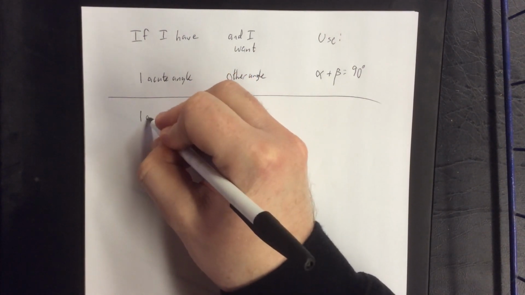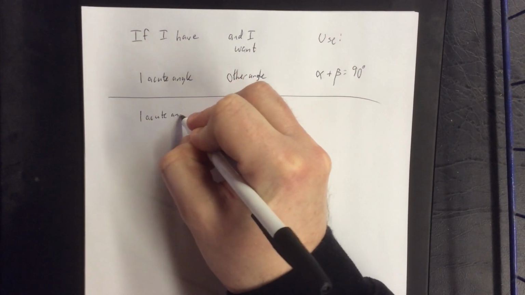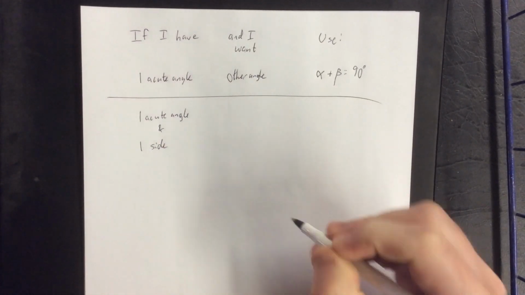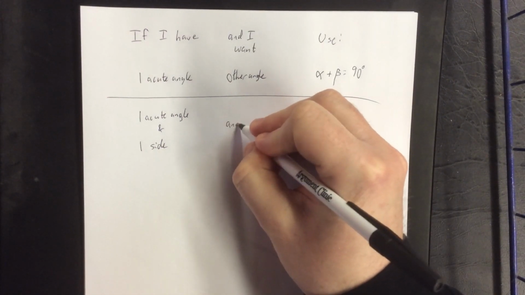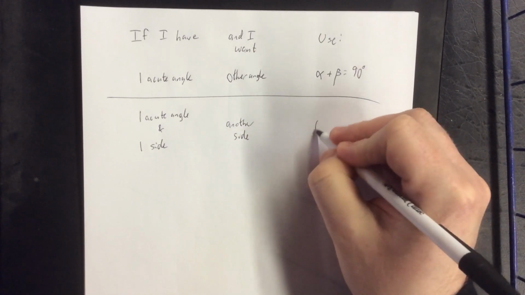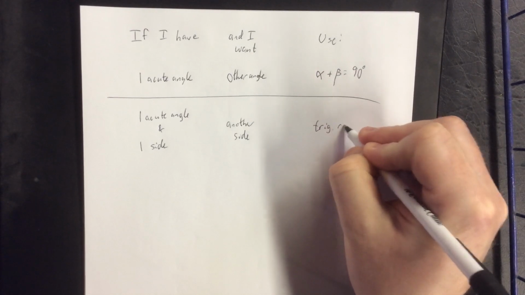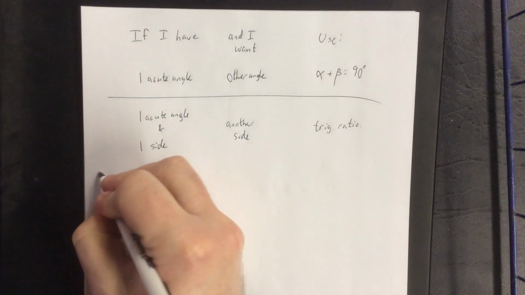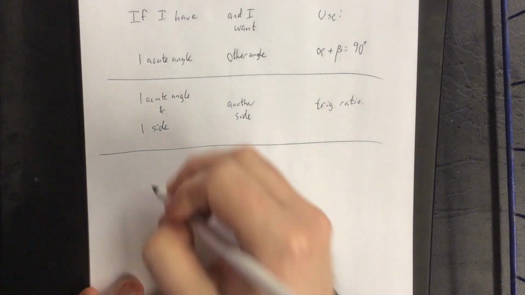If I have one acute angle and one side, and I want another side, that's where we're going to use a trigonometric ratio. Trigonometric ratio and a little bit of algebra will get us where we need to be.